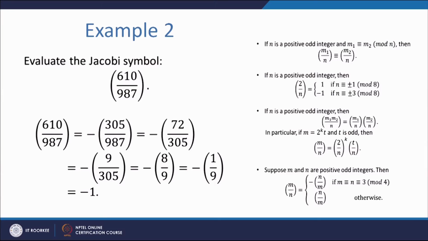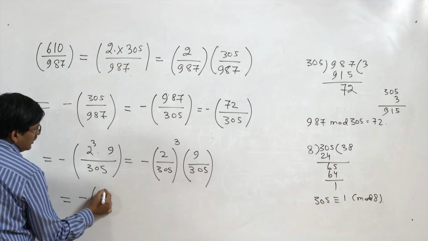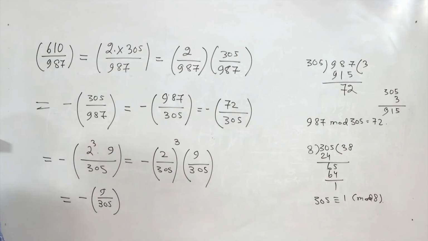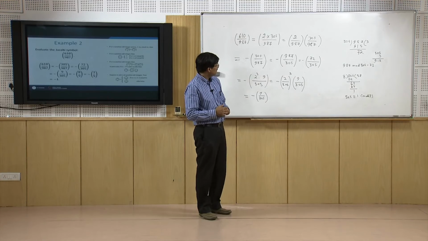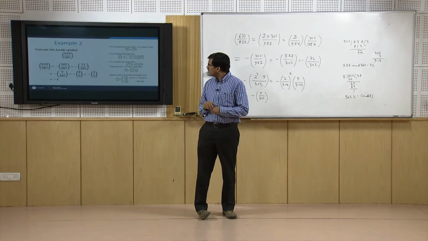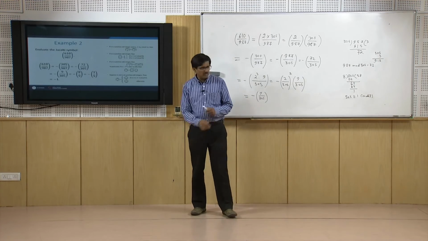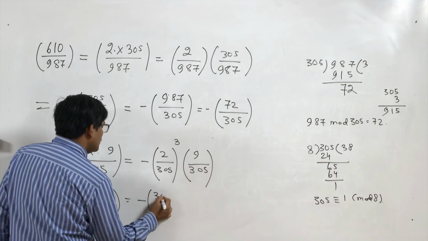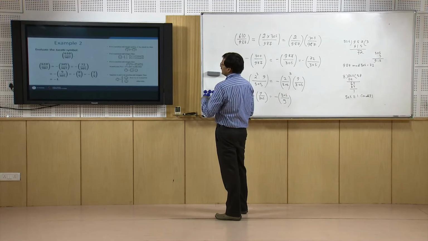So, we know that it is 1. So, we have minus 1, this is 1, 9 by 305. Now, we know that 305 is not congruent to 3 mod 4, then we can again flip by using the reciprocity law. So, we will get minus 1, 305 by 9, that is what we get there.